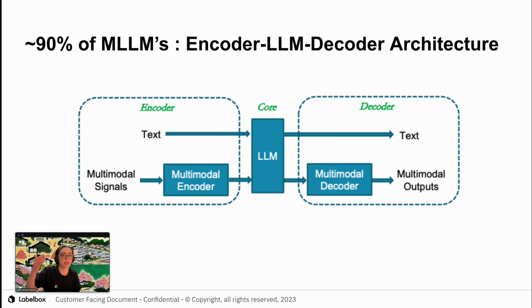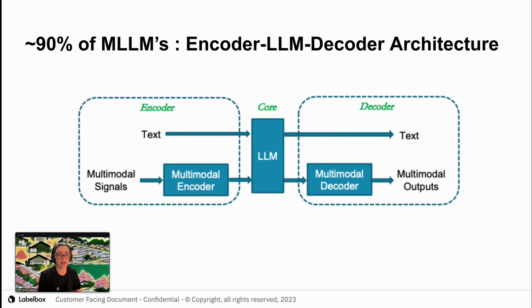You have encoders which take raw inputs like text, images, or audio and convert them into embeddings. These embeddings are then processed and tokenized to be understood by the core model, usually an LLM. And then you have decoders that take the processed embeddings and generate the final outputs, like a text description of an image or an audio file from text. So these are the key components.